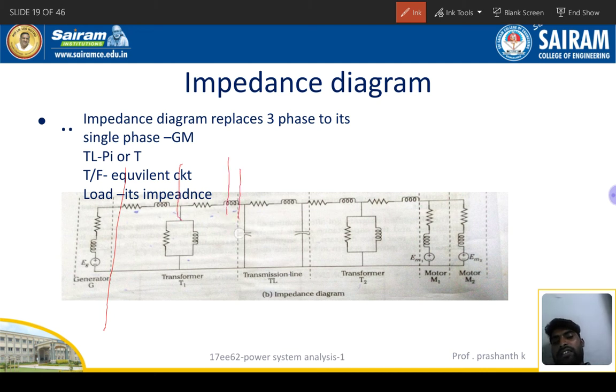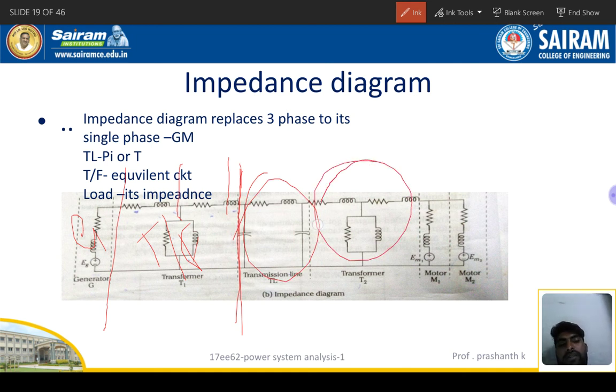This one is a generator. Transmission lines with a pi model chosen, and this one is a step down transformer. So: generator, transformer, transmission lines, again transformer, and these two are loads. This is the impedance diagram.